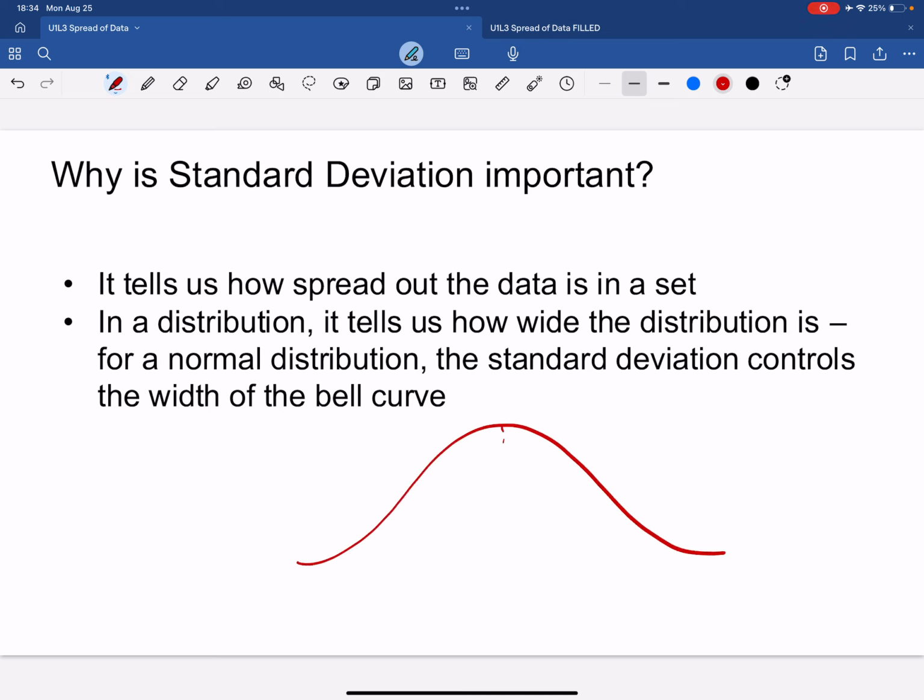Let's say this is a test, and we have an average of an 84, a pretty good result, but the standard deviation is 15, versus another class that has the same average, but their standard deviation is like 5. So it's a lot narrower. It tells us more information about the data.